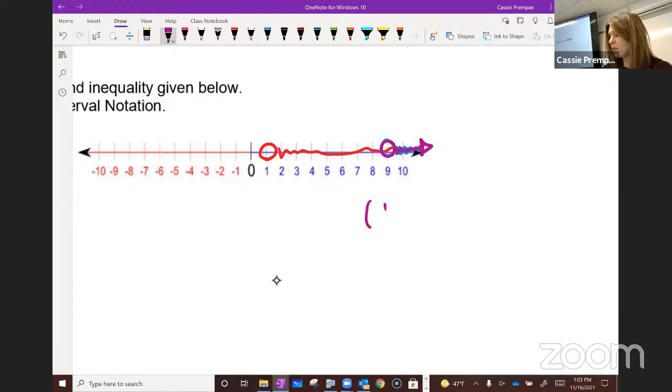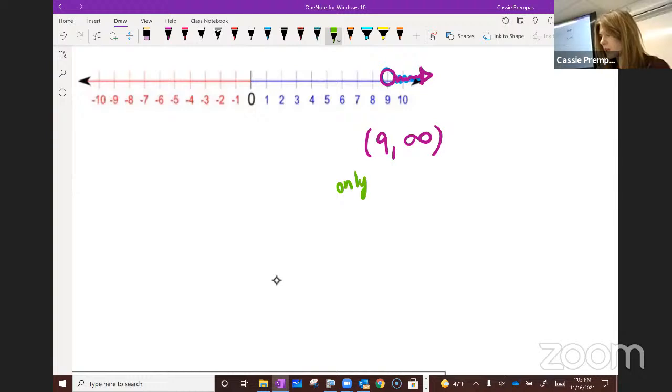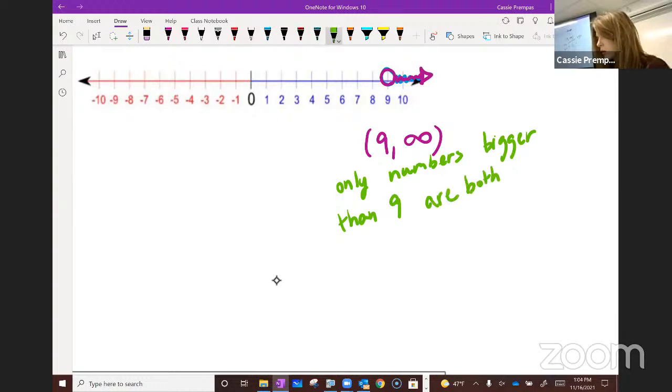So our answer would be everything from 9 to infinity. I don't even need to label the red there because it doesn't fit the bill. It doesn't make both inequalities true. So in fact, I'll even write this, only numbers bigger than 9 are both greater than 1 and greater than 9.